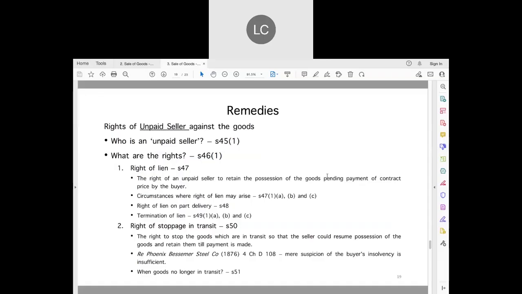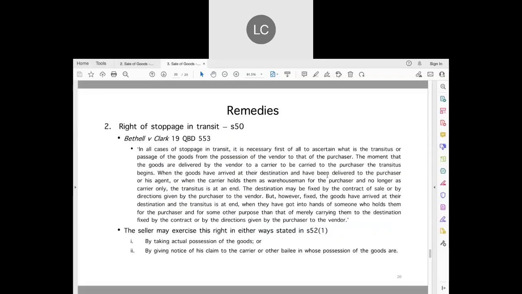So according to section 50, if you look at the wording of section 50, the right of stoppage can be exercised when the goods are in the course of transit. In other words, when the goods are no longer in transit, the right of stoppage becomes unavailable. Then you have to look at section 51 to tell you when goods will no longer be in transit.